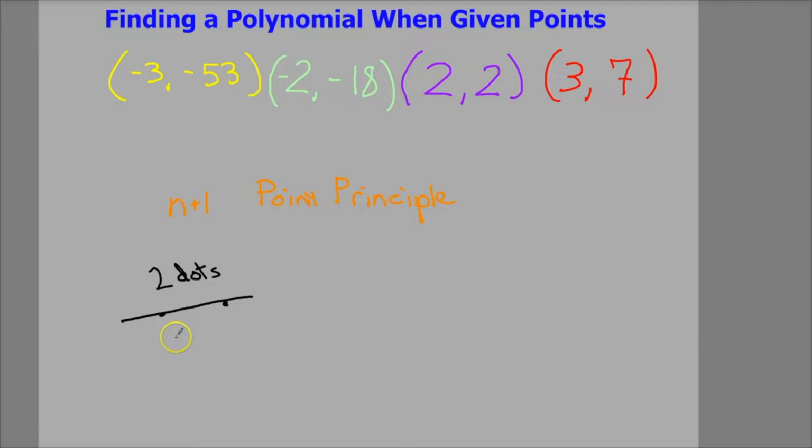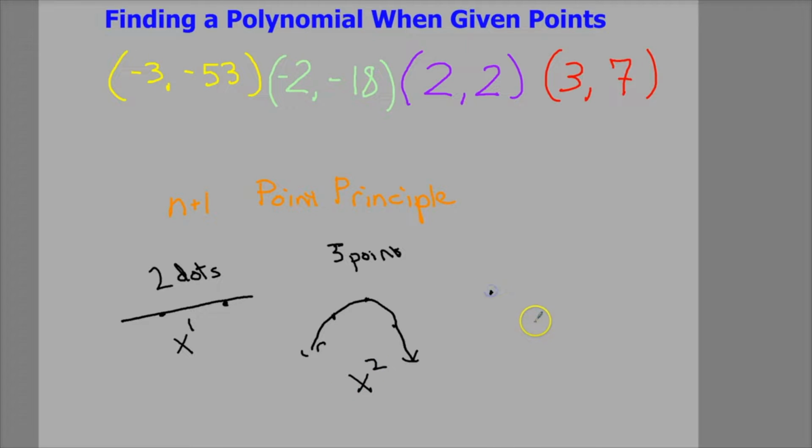But if you have 2 dots, or points as they were, you'll have an x. So the x is of 1. If I have 3 points, unless they're on the same line, I'm going to have some bit of quadratic structure. So if you have 3 points, x squared.